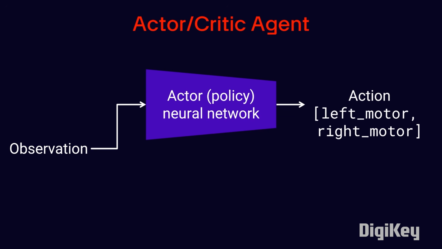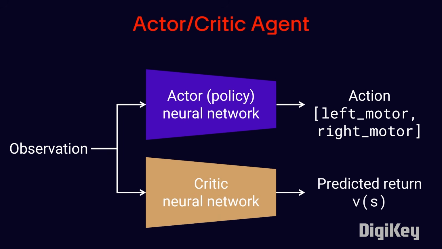PPO uses an actor-critic architecture, which involves 2 functions. The actor takes in an observation and outputs which action to take. Note that this is the policy used by our agent. The critic takes in the same observation and estimates the expected total reward from that point forward.